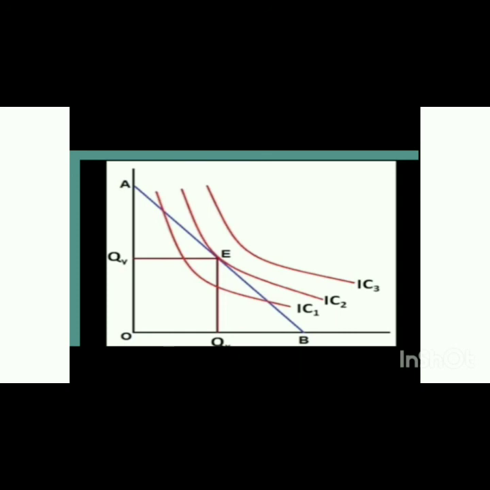That is, at point E the slope of the budget line equals the slope of the indifference curve. This is the consumer's equilibrium point.